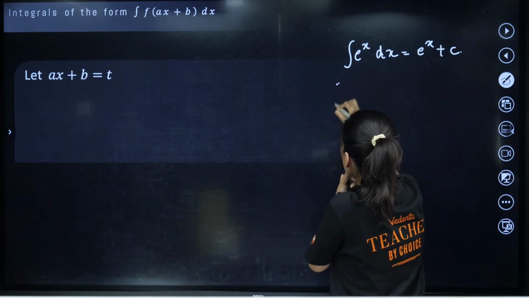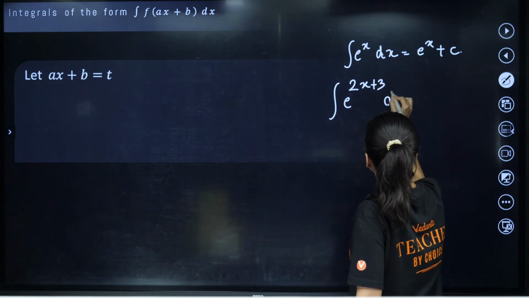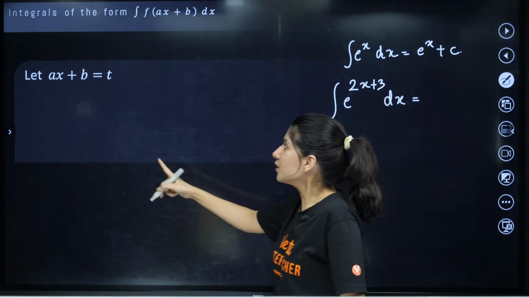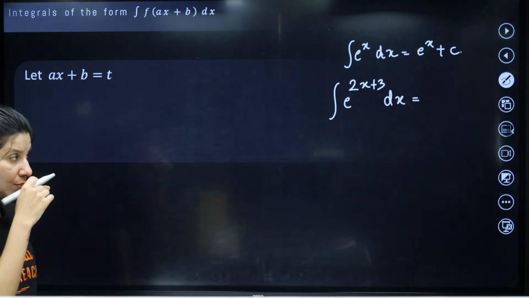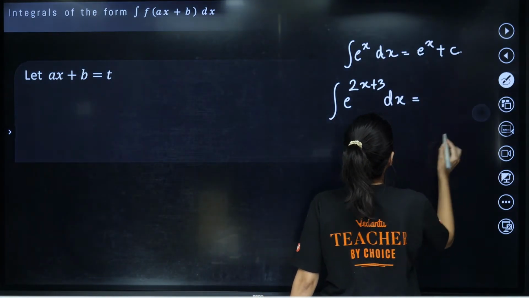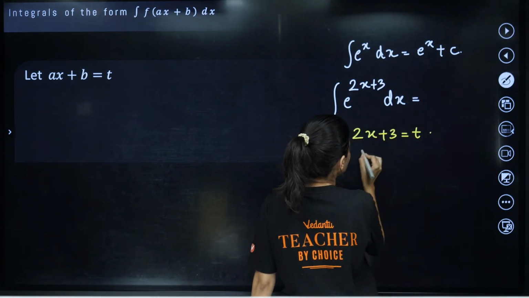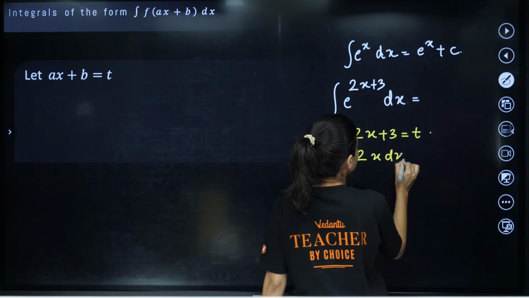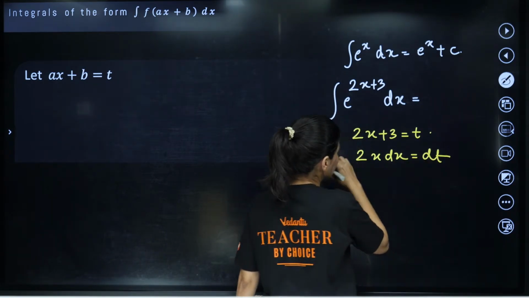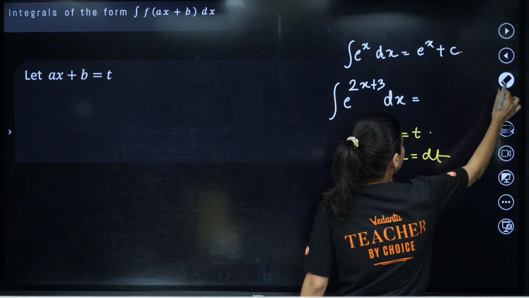But what if you have to integrate e raised to power 2x plus 3? Then what will you do? You are going to put ax plus b equals t. So we put 2x plus 3 equals t. So 2 dx will become dt.